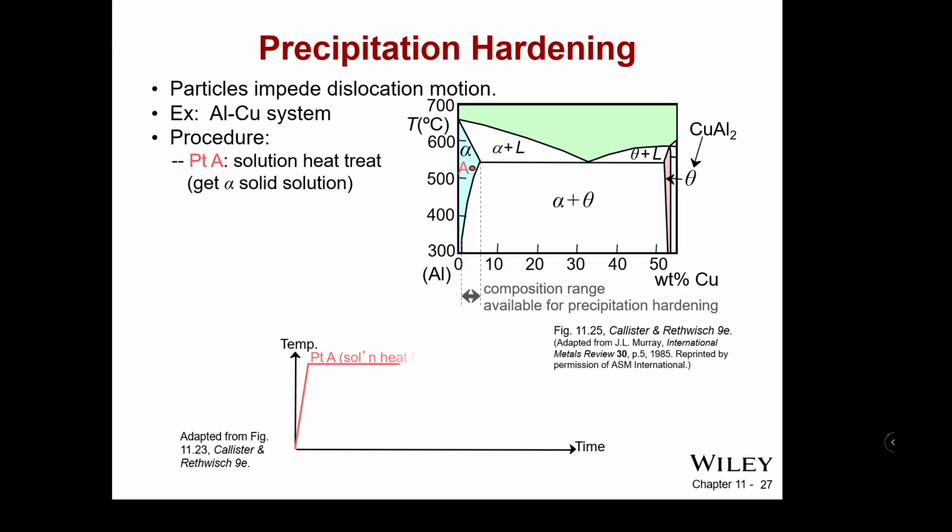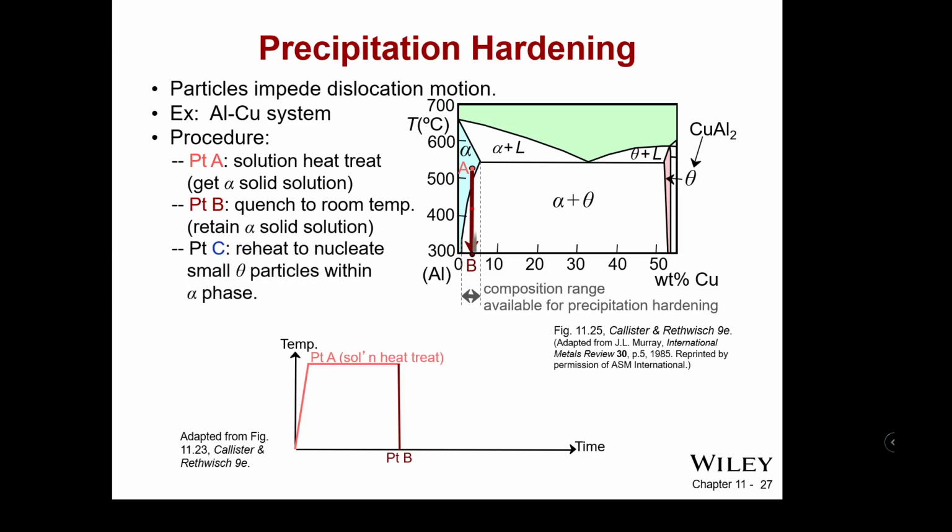So you have a heat treat to get alpha. You cool from a little over 500 C. So you raise the temperature to 500 C and quench it to room temperature. You retain alpha as a solid solution.